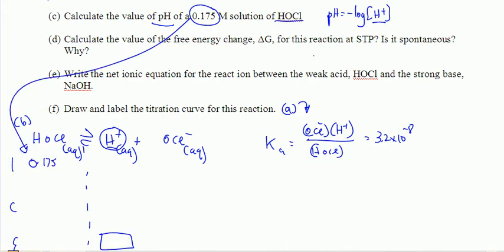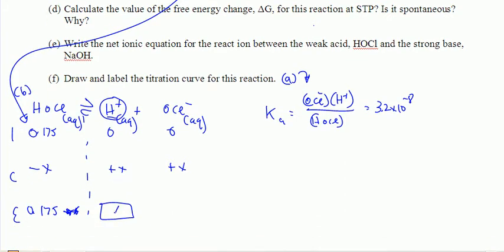0.175 molar HOCl. 0, 0, minus X, plus X, plus X. 0.175 minus X, but X is negligible when we're dealing with weak acids. X, X. Here we go. They want us to calculate the pH in C, so we've got to get X first.